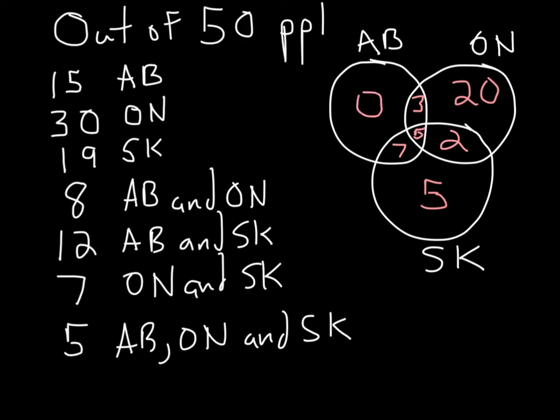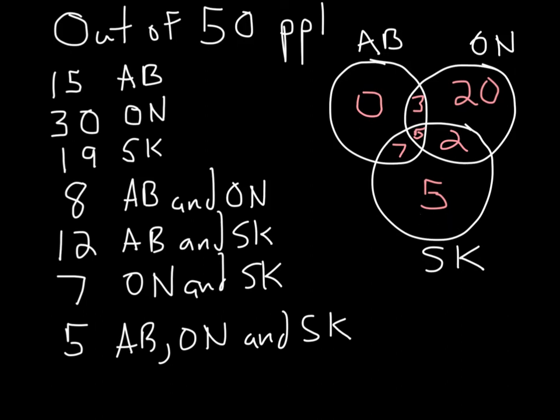any other province. So how many people do we have in our diagram in total? Let's count. So we have 3 plus 5 is 8, plus 7 is 15, plus 20 is 35, plus 2 is 37, plus 5 is 42.